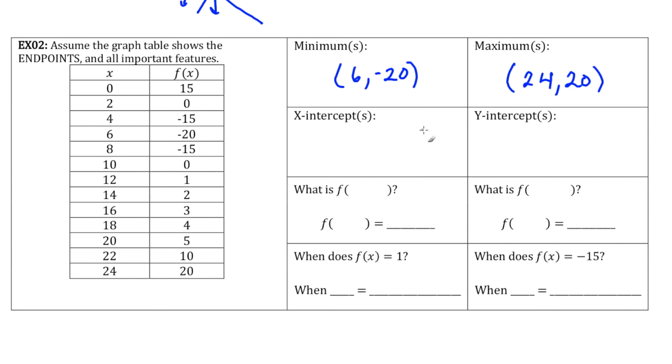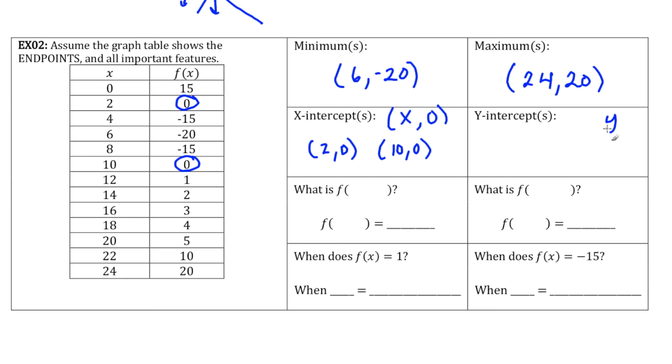X-intercept. I have to remind myself that the x can be across the x-axis, but the y is 0. So right here and right here, at 2, 0 and 10, 0. Y-intercept.